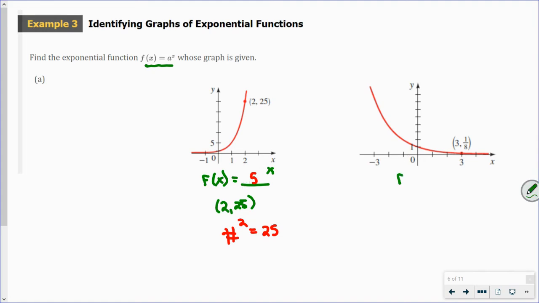Over here, they're saying f of x equals some number to the x. Same question. They give you the point 3, 1/8. So what number to the third power equals 1/8? What number times itself 3 times is 1/8? That would be 1/2.